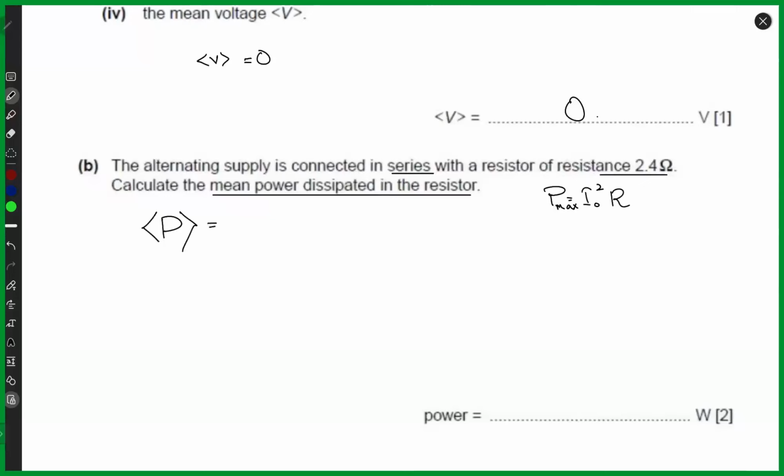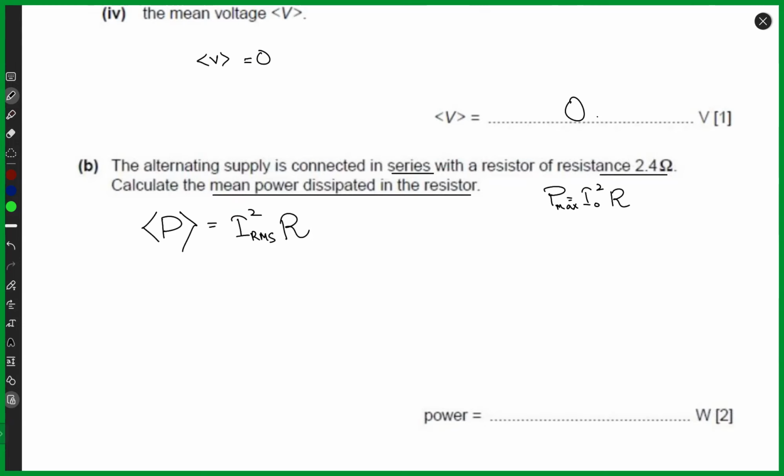What about when we want to calculate the average power? Average power is given by taking the root mean squared value of the current, which is I r.m.s squared times R. We derived this formula in the class as well. Now, what we want to compute in this case is the maximum current.